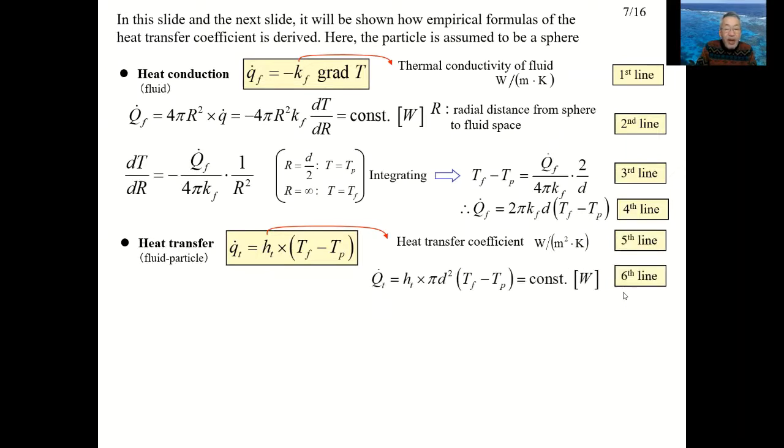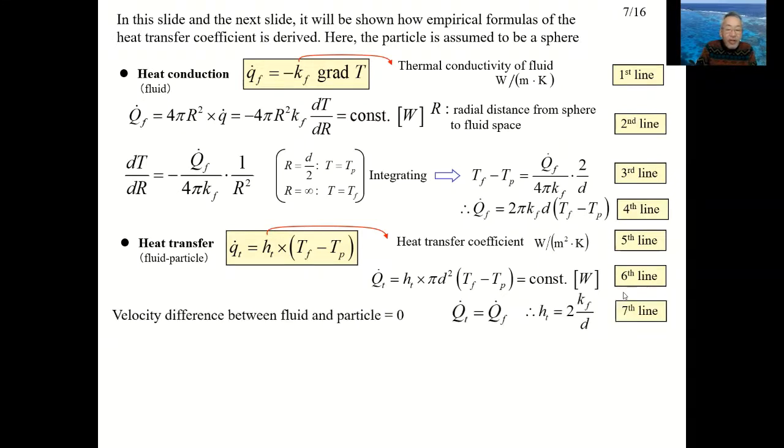Multiplying the heat transfer equation by the particle surface area gives the heat quantity Qt dot. As I said over again, if the fluid does not convect, the quantity of heat transfer is equal to the quantity of heat conduction. As a result, Qt dot equals Qf dot, and heat transfer coefficient Ht is expressed as Ht equals 2kf by d, as shown on the seventh line.